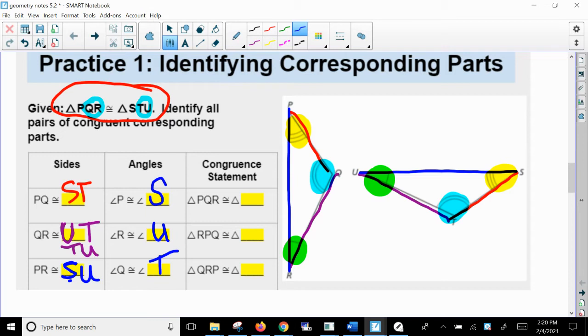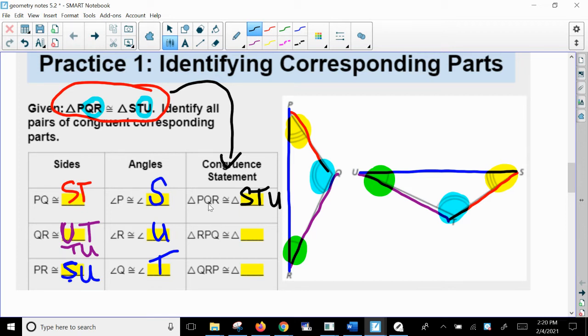Your congruent statement: we already said that PQR is congruent to STU in that order. But if I mix up the letters of the congruent statement, the second triangle has to match the letters from the first. So here we got R, P, Q in that order.